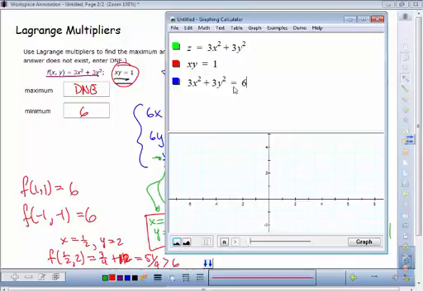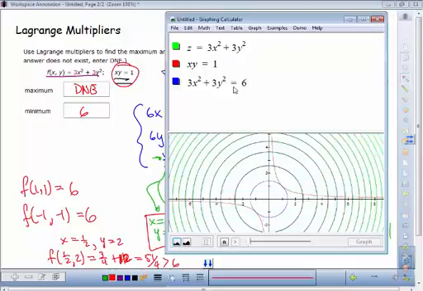How did you get 6? That's the y value, right? So if we do that, we get that last circle that's going to be kissing those graphs, or that would have gradients that are collinear. Okay? So this is one view of our contour curves.